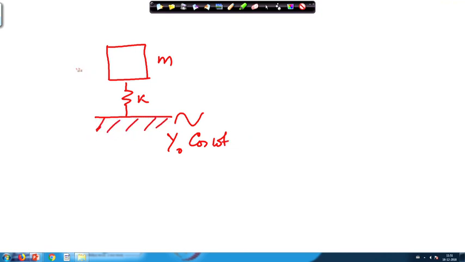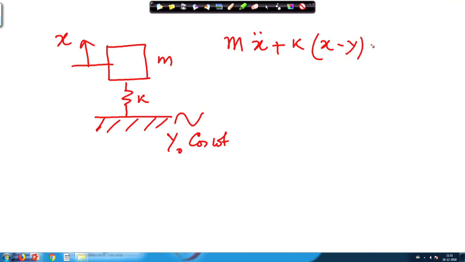For the equation of motion, we consider x to be the absolute displacement of the body with respect to a certain inertial reference frame. In that case the equation of motion will be m x double dot plus k times x minus y equal to 0.